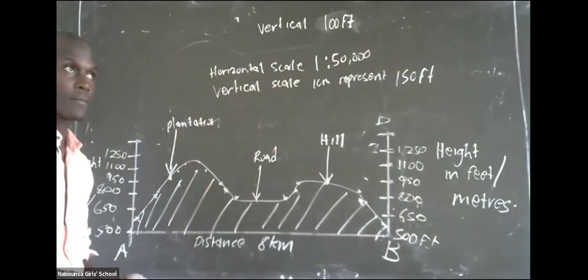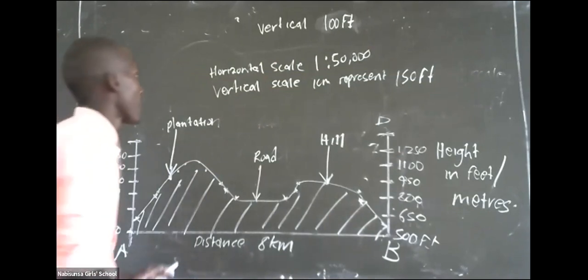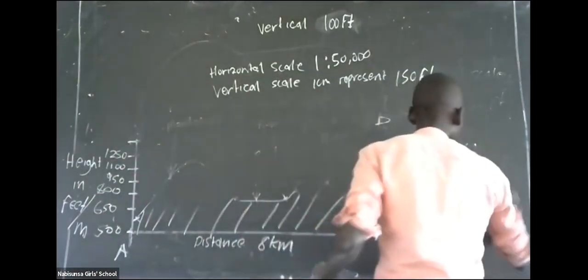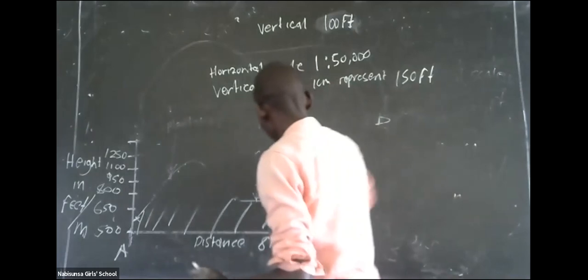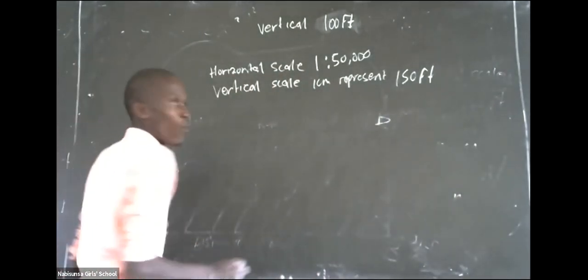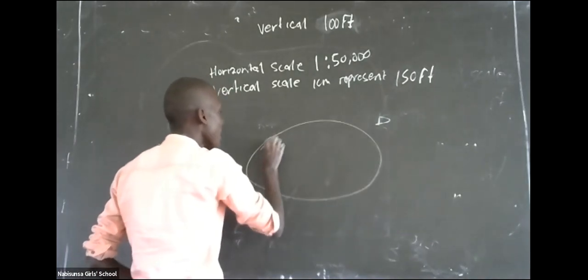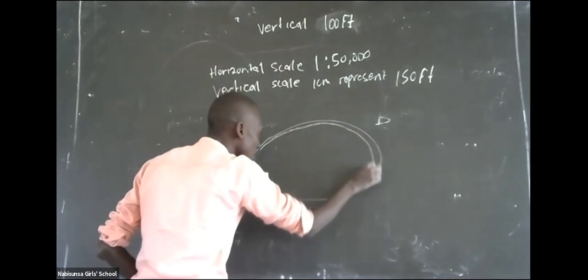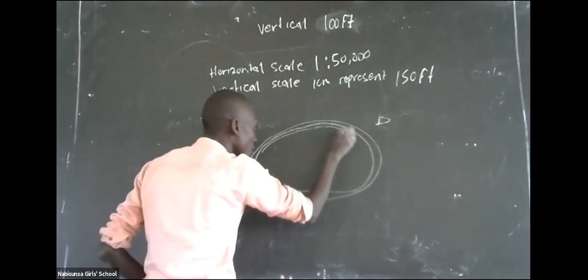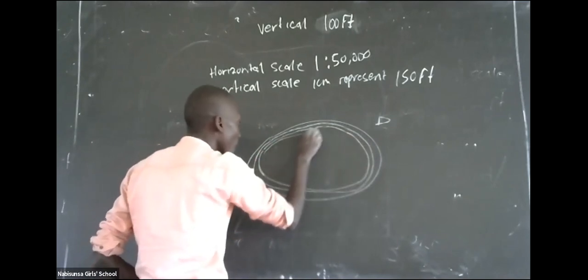Am I clear? Okay, let me give you another trick quickly. I know it will confuse you, but it's not confusing. I'm just giving you a way of bypassing things. Whenever you find contours that are too squeezed, and you see there will be too many to write on the right, let me show you.